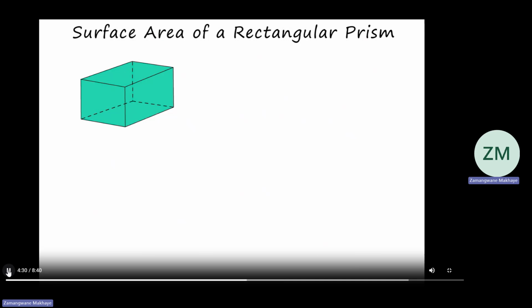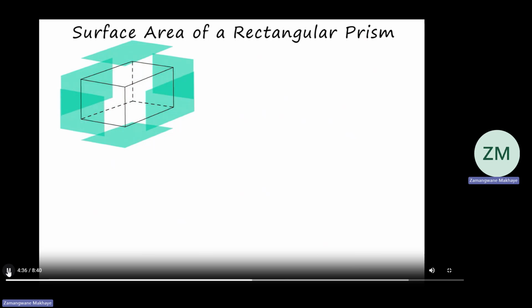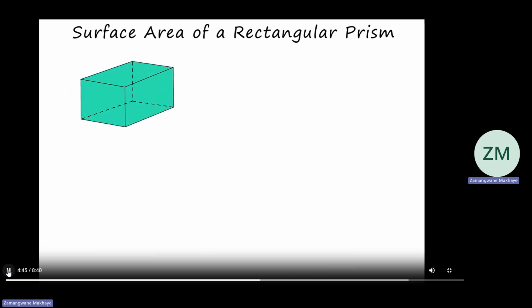Next we are going to see how to find the surface area of a rectangular prism. Please note, the faces of a rectangular prism are all rectangles, and unlike the cube, they are not all identical. So if the dimensions of the rectangular prism are length, breadth, and height, or L, B, and H, the top and bottom rectangles, with dimensions length and breadth, both have area length times breadth.